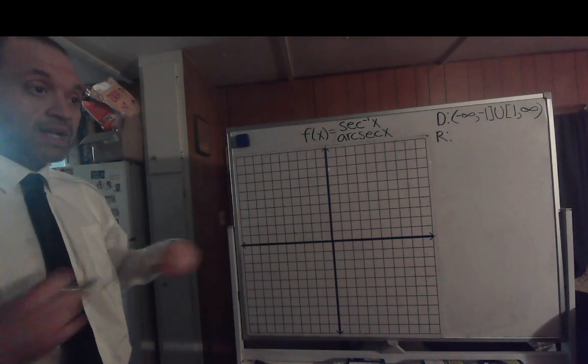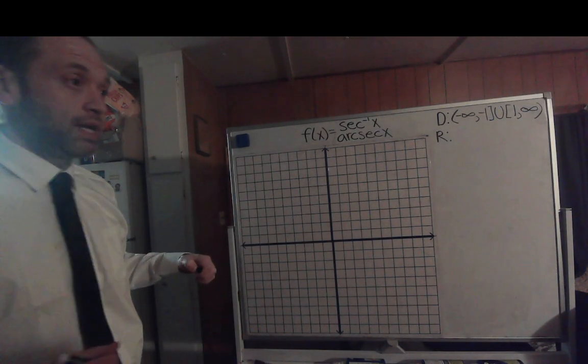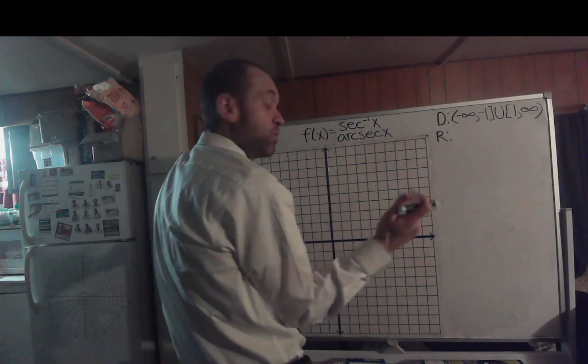Well, that will in fact then be your range. However, at pi over 2 you'll have a horizontal asymptote. So your range will be from 0 inclusive to pi over 2 non-inclusive in union with pi over 2 non-inclusive to pi inclusive.